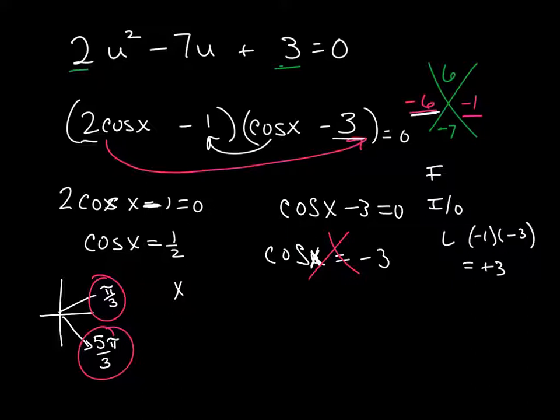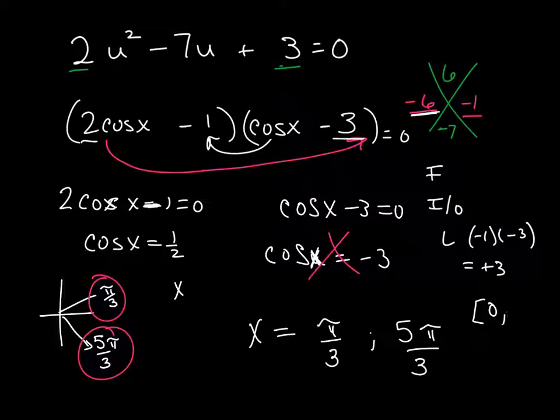So the final answer for this question is that x only has those 2 values, pi over 3 and 5 pi over 3. And again, this is because my domain for x is restricted between 0 and 2 pi. Watch the interval notation. This bracket means 0 is included, and the parenthesis means that 2 pi is not included.